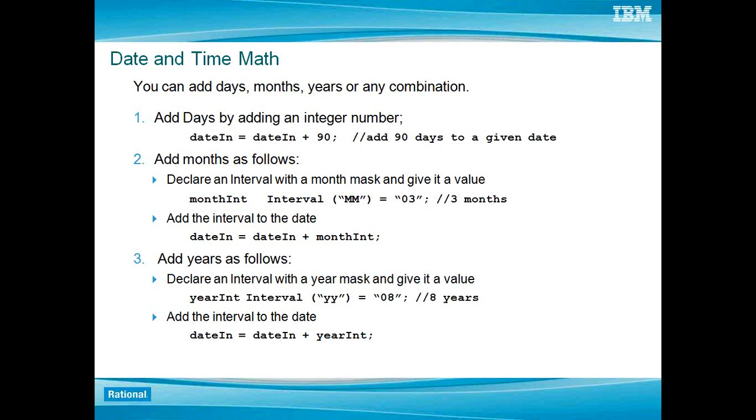Same way, if we have declared an interval of 3 months, and we add the interval of 3 months to today's date, then this dateIn variable will be showing a date 3 months ahead. Same way, you can create intervals for years, months, and you can add them to your date.